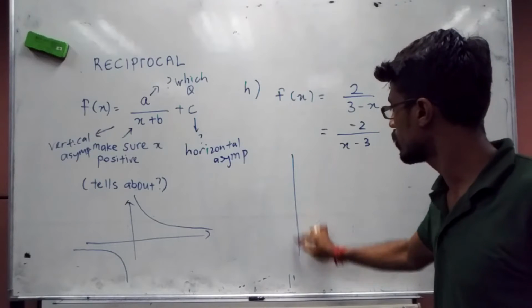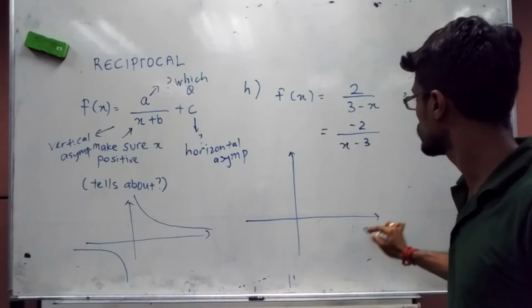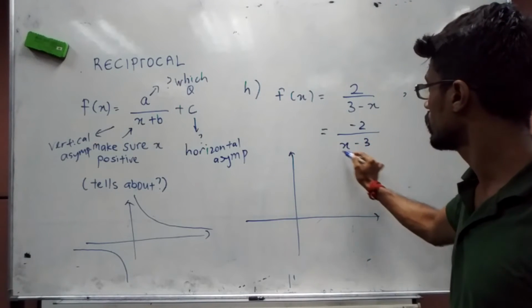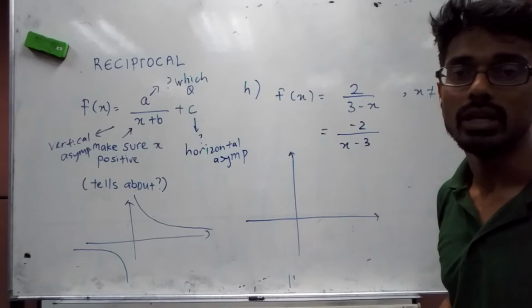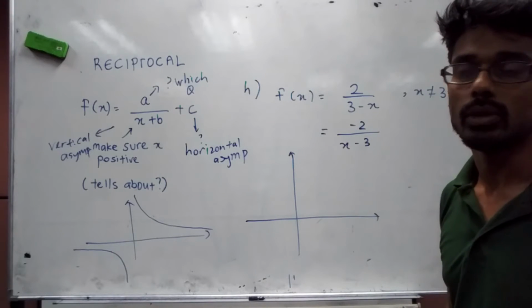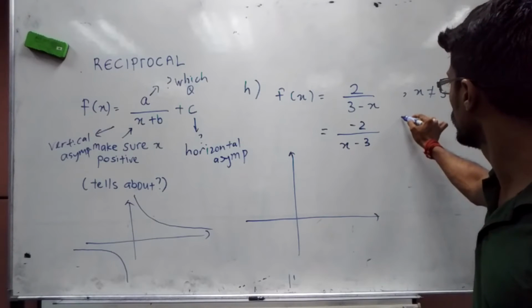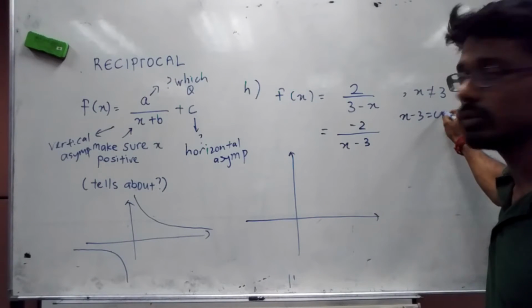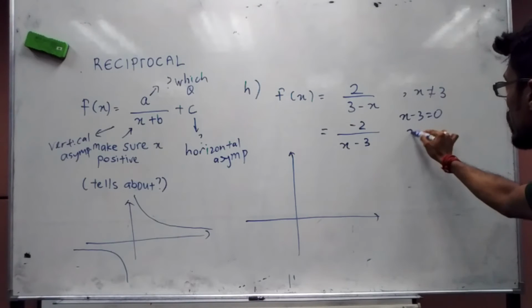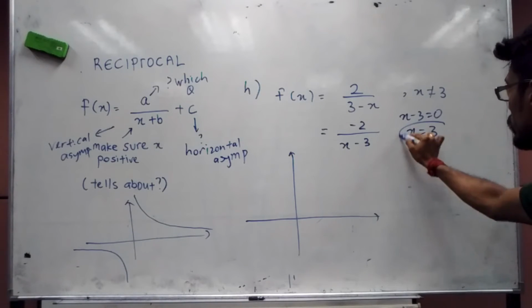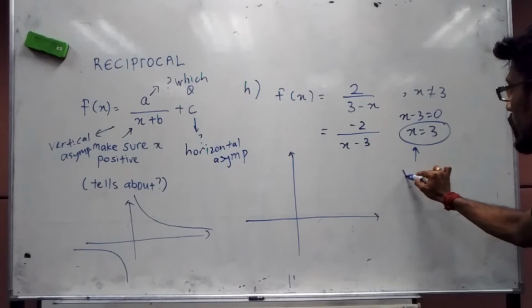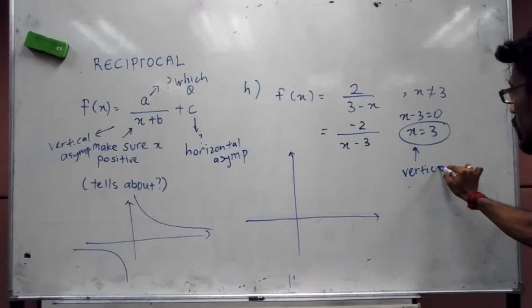So just go and draw my axes. As I pointed out to you, the denominator will tell me what my vertical asymptote is. So we just set this equal to 0: x minus 3 equals 0, so that will give us x equals 3. This is going to be my vertical asymptote.